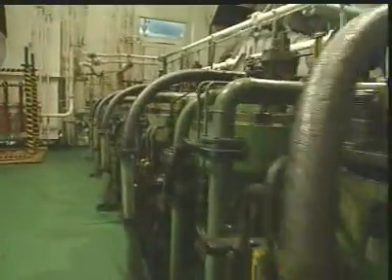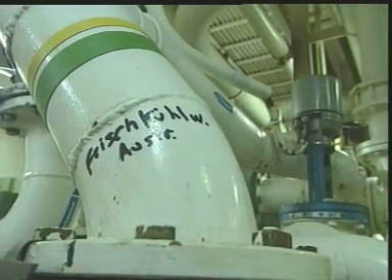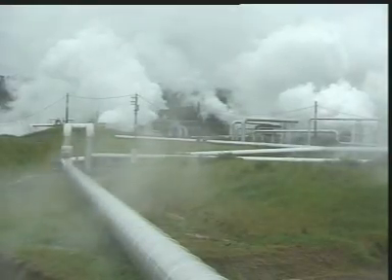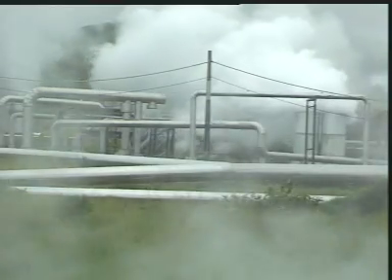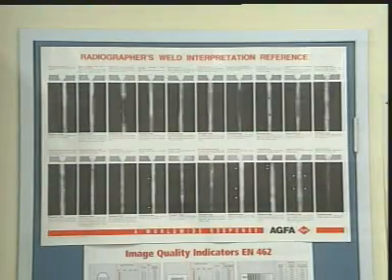The most frequent use of gamma radiography is checking for defects in metal castings or welded joints, such as those in pipelines. Defects show up in various ways.